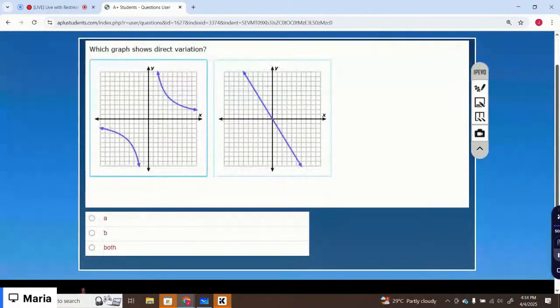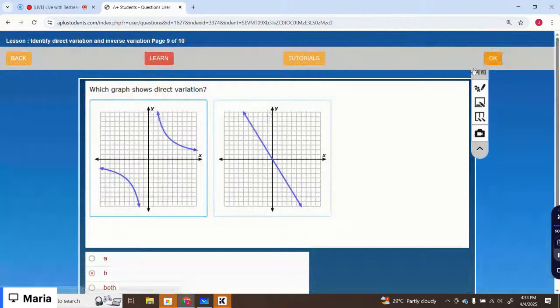Which graph shows direct variation? B is the correct option.